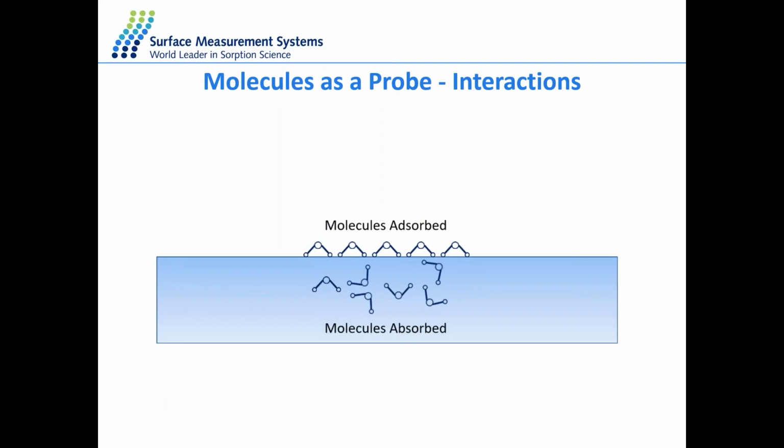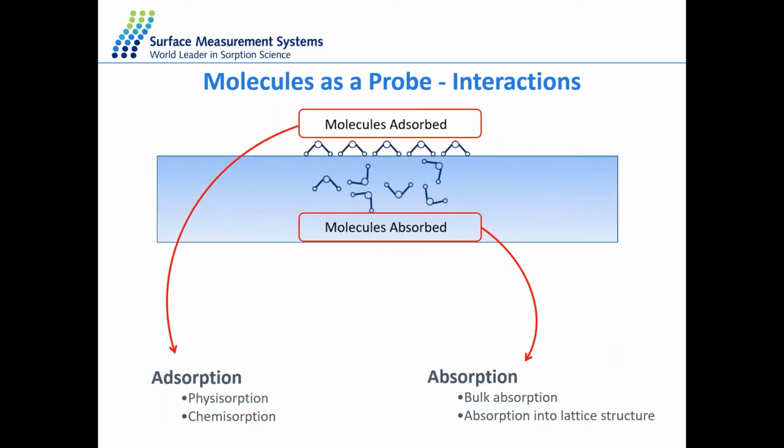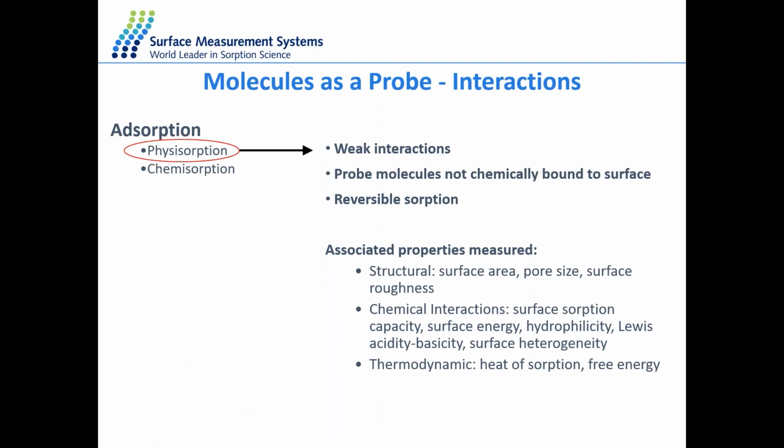So having a look at the two terminologies that we just described, we are going to define adsorption and we're going to define absorption. Starting from adsorption, we can define two potential phenomena, which are physisorption and chemisorption. Physisorption is a weaker interaction, a non-covalent bonding between the molecules of solvent that we are introducing and the surface of the sample.